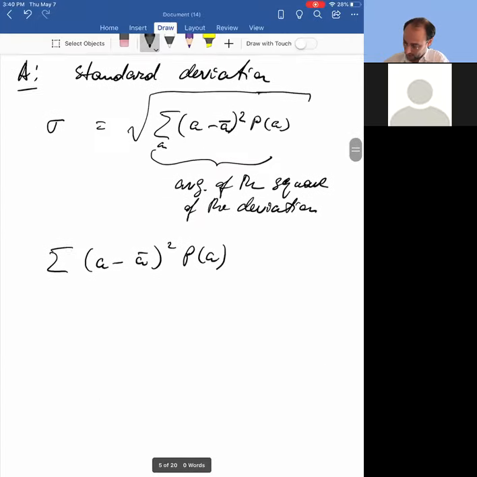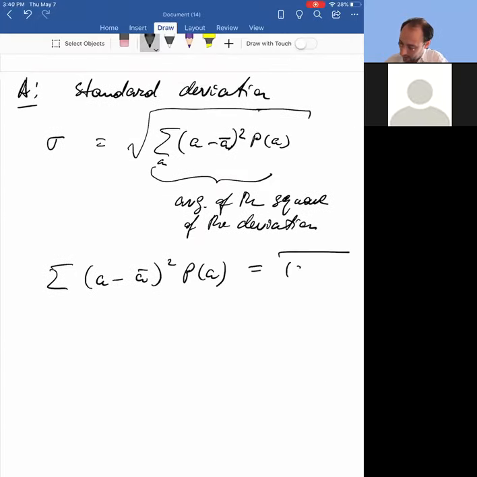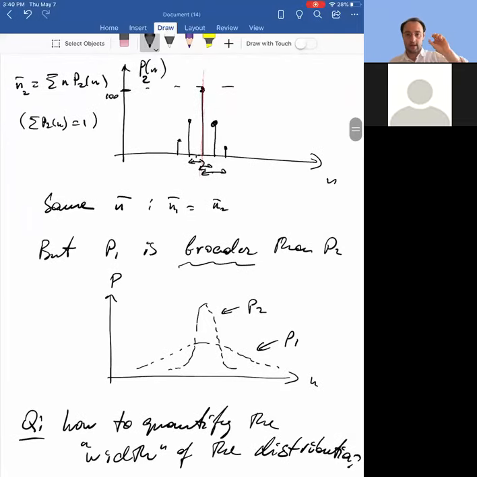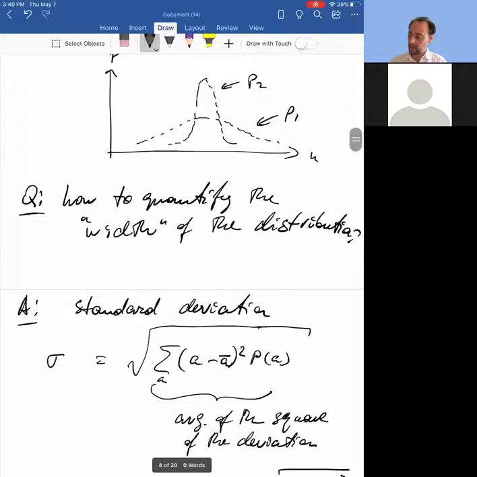So I computed the mean of the distribution, and I'm now going to compute the mean of the squares of the deviation from the mean of the distribution. It sounds worse than it really is. I'm looking at all the deviations, I'm squaring the deviations, and I'm going to compute the average of the squares of those deviations.